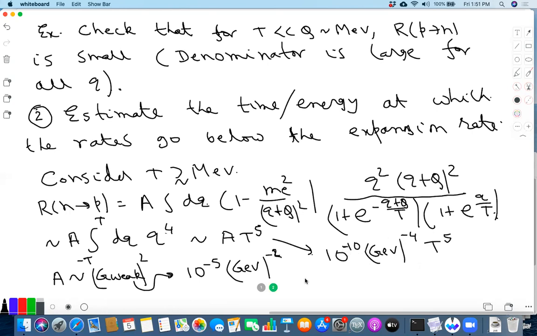So this I'll write as 10 to the minus 10 GeV to the minus 1 and T to the 5, T over GeV to the power 5.